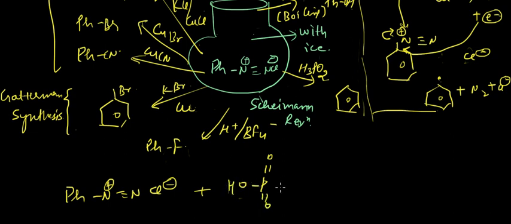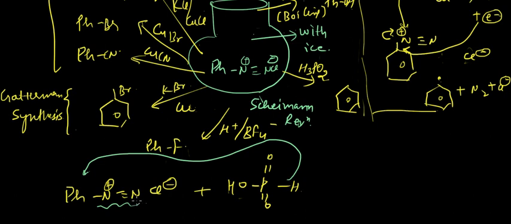We have OH here and H here. What actually happens is this H minus will go and get attached with the releasing N2 group and will get attached to the phenyl ring, making it a benzene. So we'll get something like this.